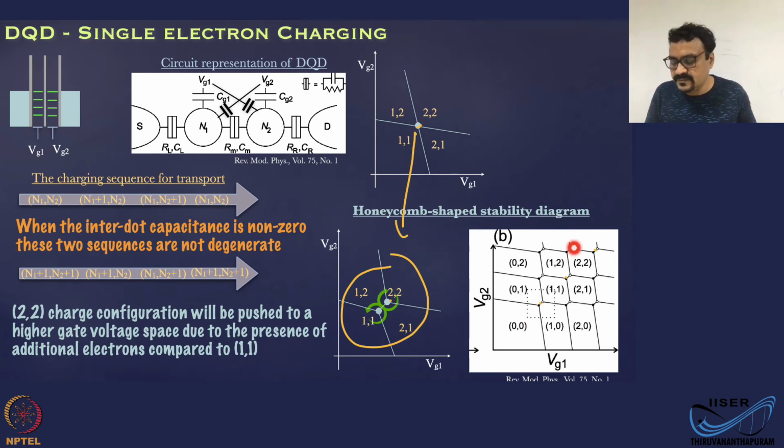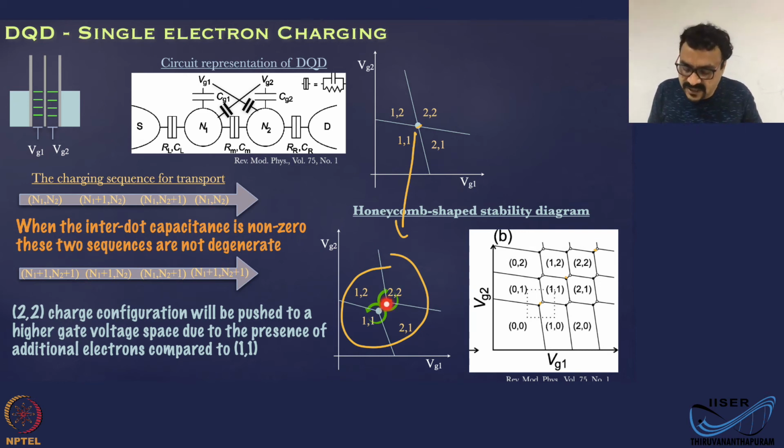And this is how you label the charge configuration. So VG1, VG2 will look like a honeycomb, and that is the realistic picture. That's how a tunnel coupled quantum dot stability diagram should look. So we started with no capacitive coupling, then enabled the cross-gate capacitive coupling, then these lines got tilted. Now enabling the interdot capacitance, you got these points split, 2-2, 1-1.